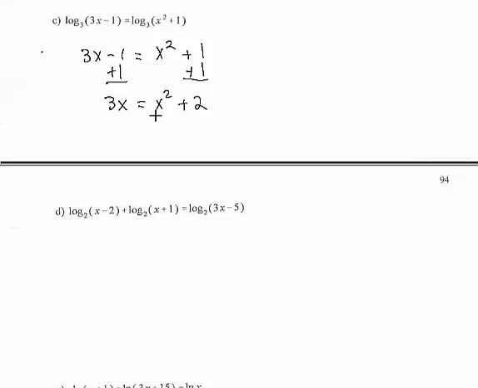And so now we want to move that 3x to the left as we did the 1, and adding 1 to both sides gave us 2, so minus 3x. There are no like terms on the right. The 3x cancels on the left, and we have 0 equals x squared minus 3x plus 2.